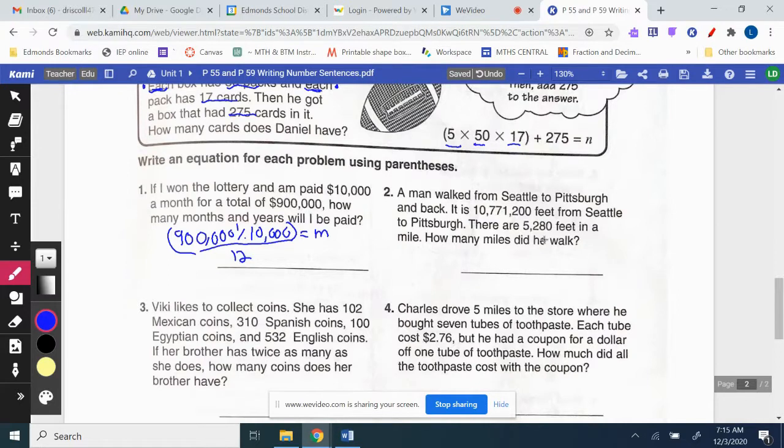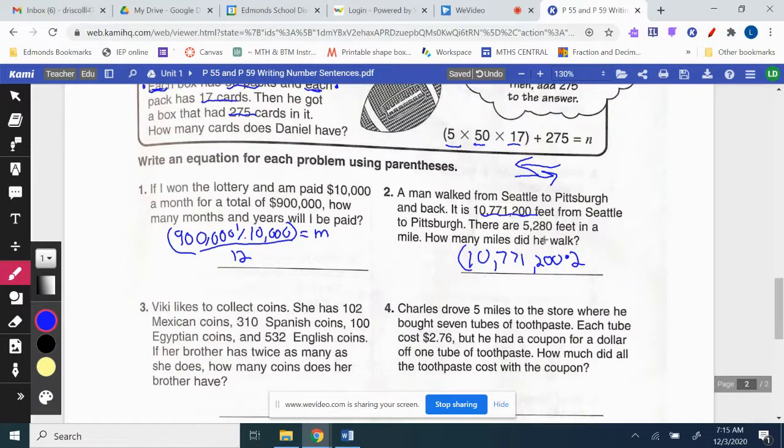A man walked from Seattle to Pittsburgh and back. It is this far from Seattle to Pittsburgh. That's one way. So he walked there and back. So I'm going to need to multiply that number by 2. 10,777,200 feet times 2.